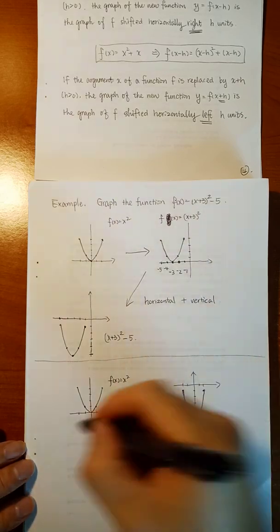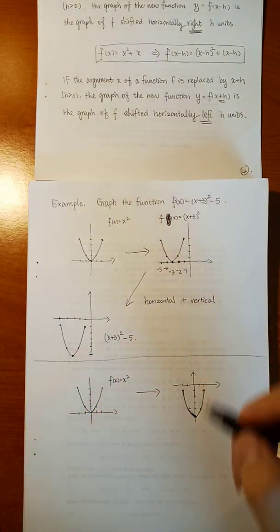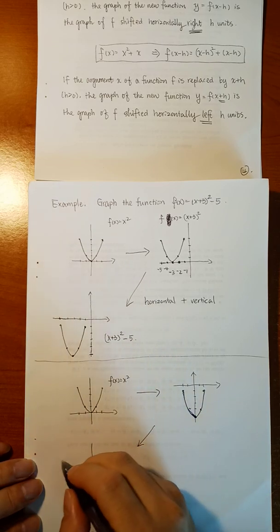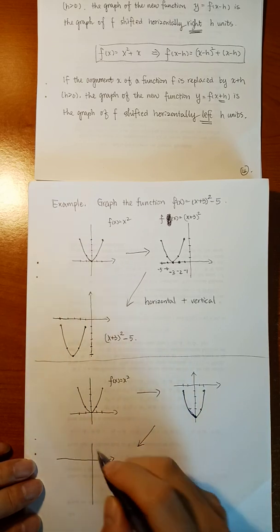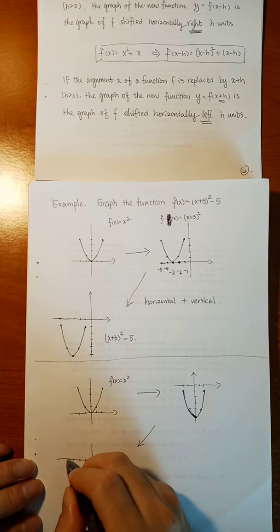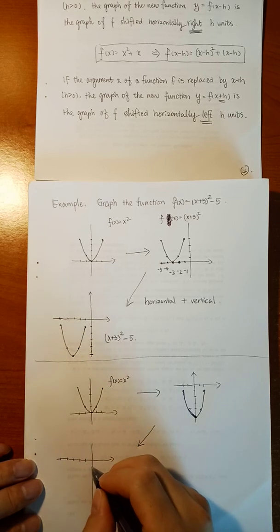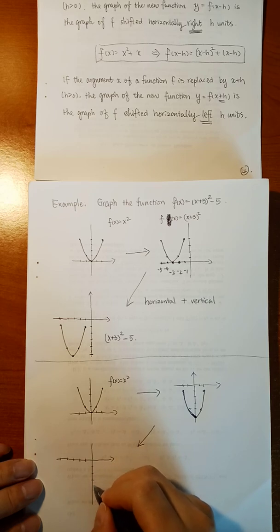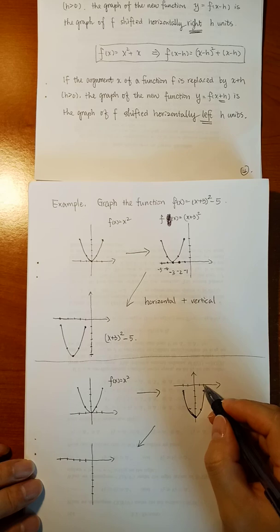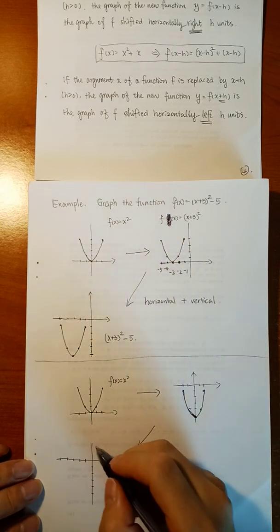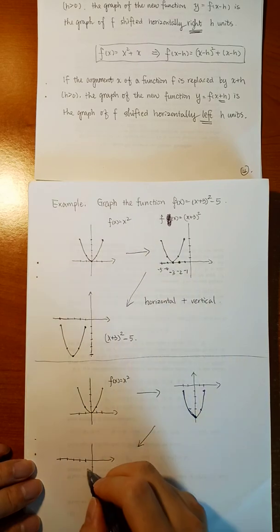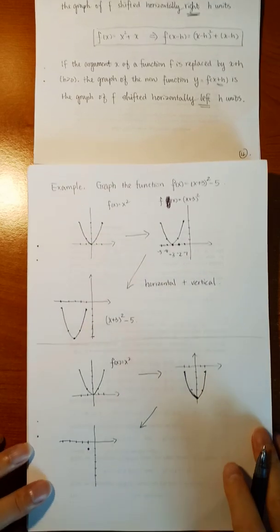And second, you're going to shift it to the left 3 units. 2 shifted 3 units left is negative 1.